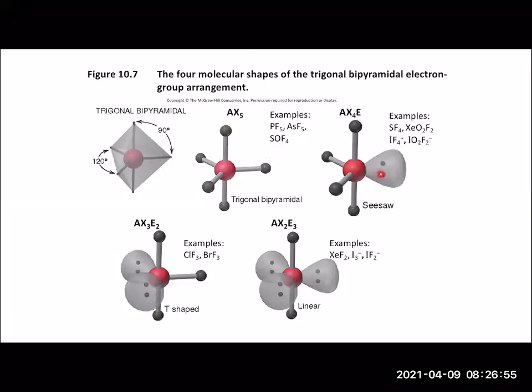If we replace one of the atoms with a lone pair, we end up with a seesaw shape, could be SF4, XeO2F2, IF4 plus, IO2F2 minus. Now, if we have two lone pairs and 3 atoms, that could be ClF3, BrF3. Those are some other examples for that one.